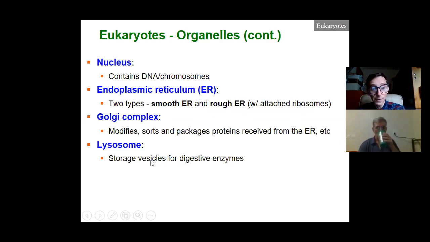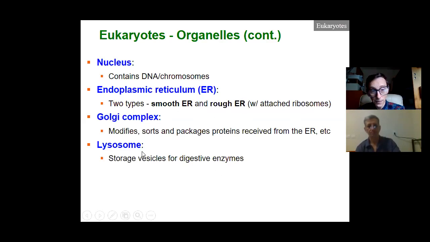Lysosomes are a special storage vesicle, and they contain digestive enzymes and all sorts of toxic substances for killing cells. And they're important in digesting things that the cell engulfs, particularly white blood cells.